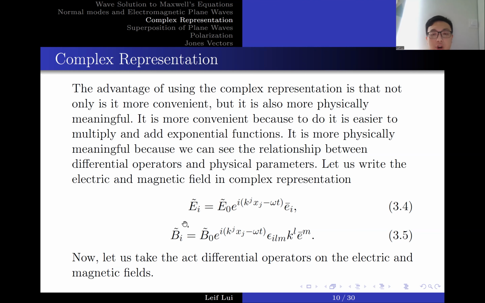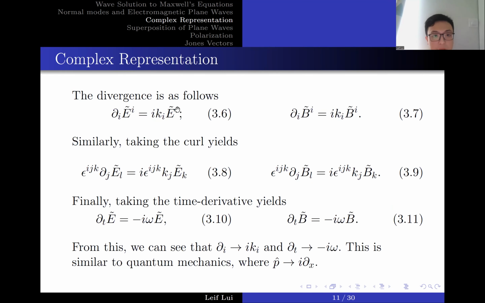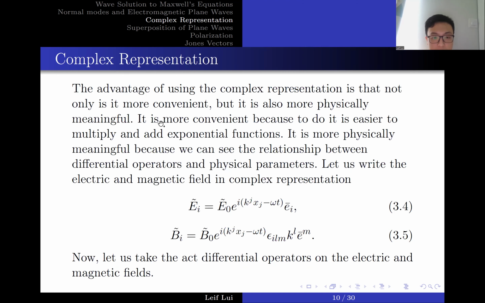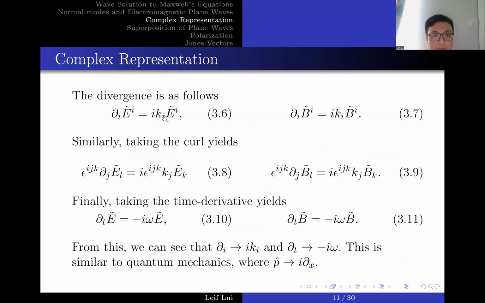Now let us act the differential operators on the electric and magnetic fields. Here, let us take the divergence. If we take the divergence of the electric field, since we have the x component here, we just multiply it by a factor of ik. Similarly, we do the same thing with the magnetic field. Here, we take the curl.